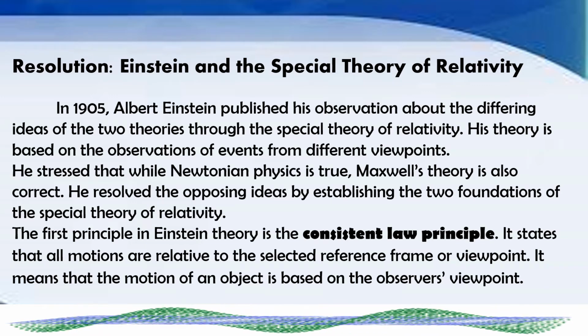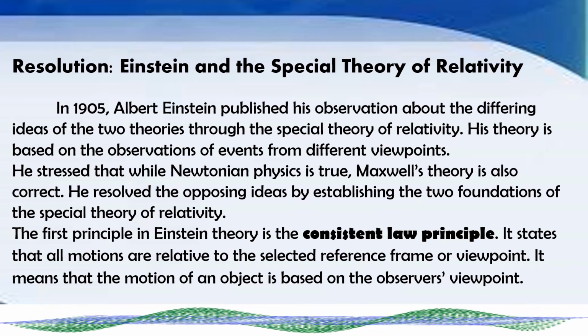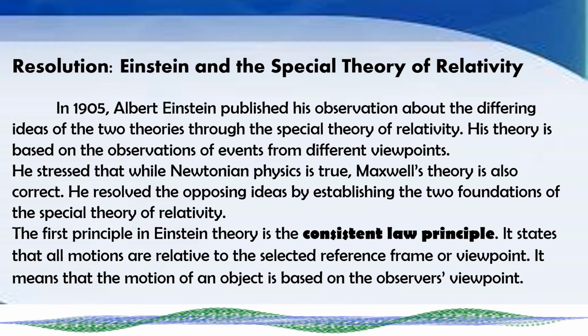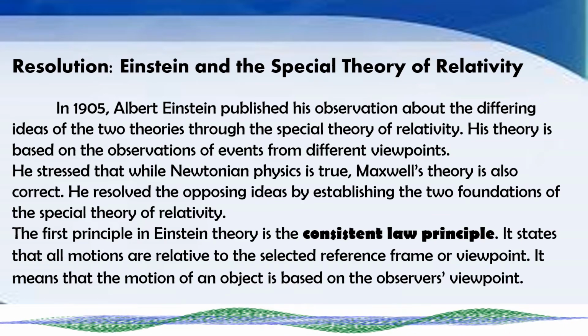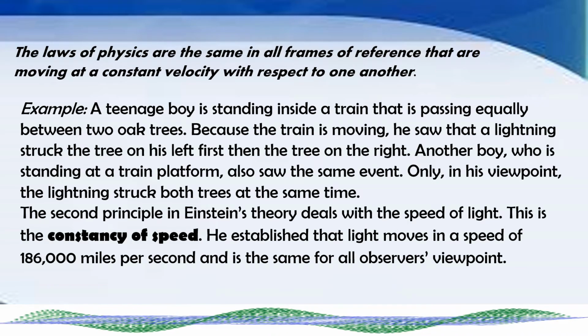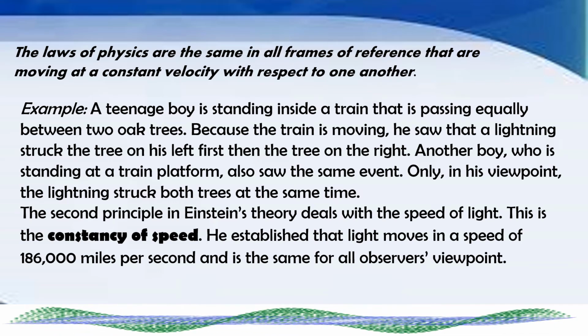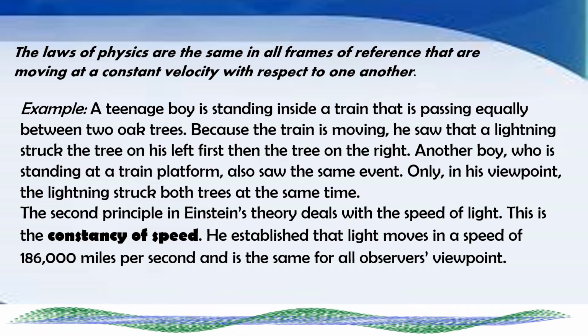It states that all motions are relative to the selected reference frame or viewpoint. It means that the motion of an object is based on the observer's viewpoint. So I hope it is clear. Okay. So the laws of physics are the same in all frames of reference that are moving at a constant velocity with respect to one another.